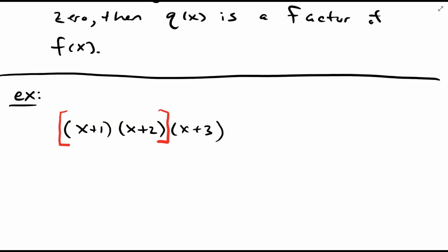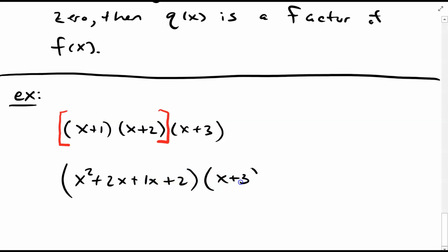So how do I multiply something like x plus 1 times x plus 2? What's the name of the process I use there? It's got 4 letters. FOIL, yeah. So when I do that, I get x squared plus 2x plus 1x plus 2.